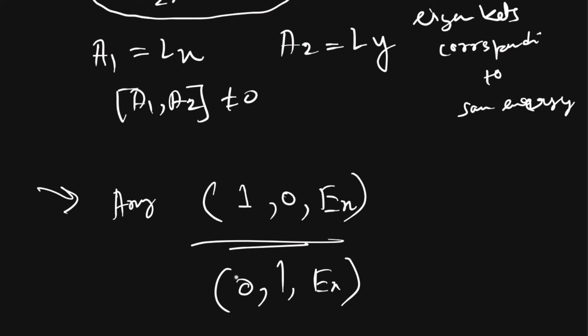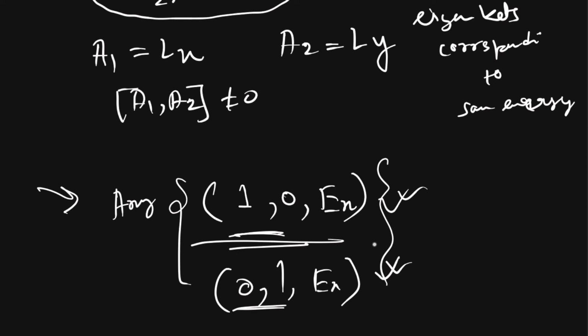So these two states have the same energy, but their angular momenta are different. That means these two states are degenerate states corresponding to the same energy En. So that is an example of that problem. So thank you.